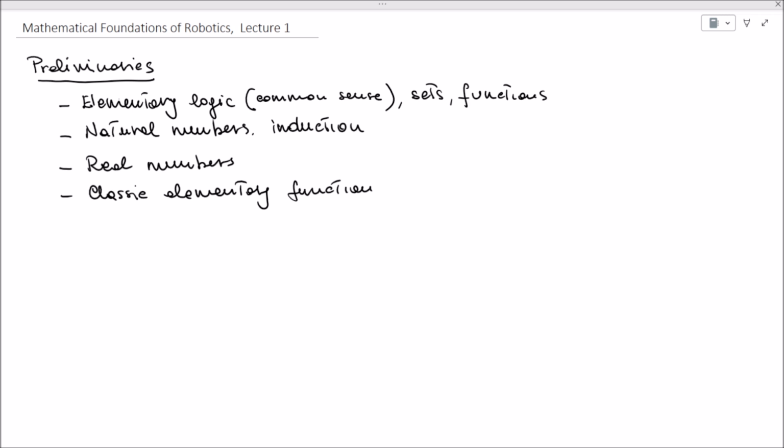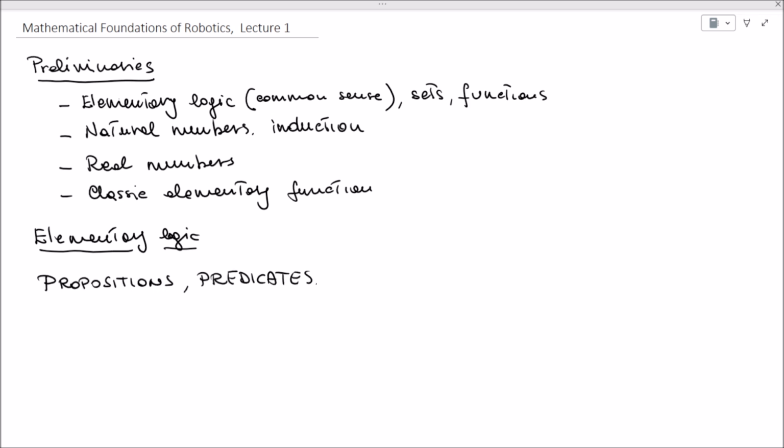So let's start with a review of elementary logic, and we'll start by defining propositions, predicates, and quantifiers.